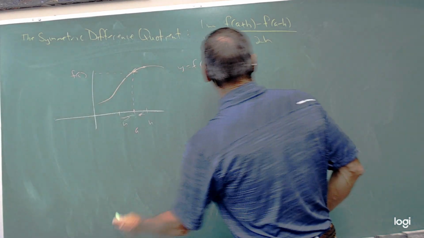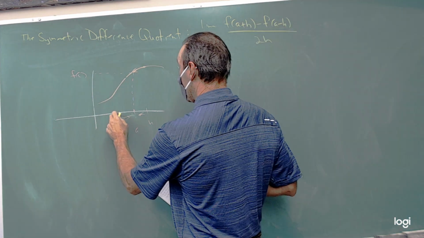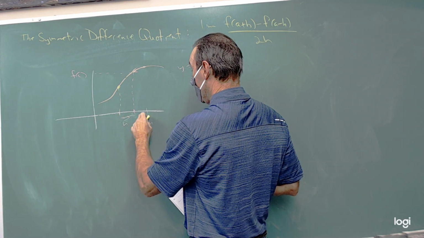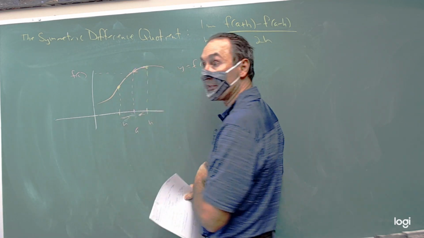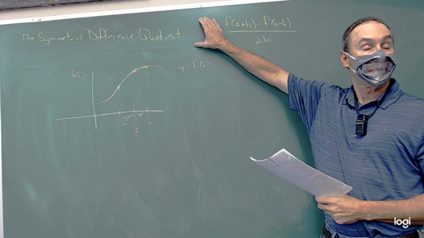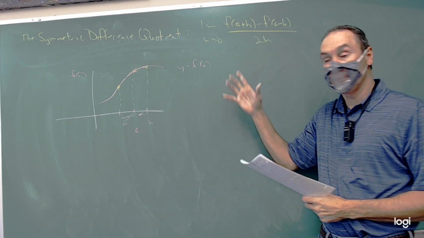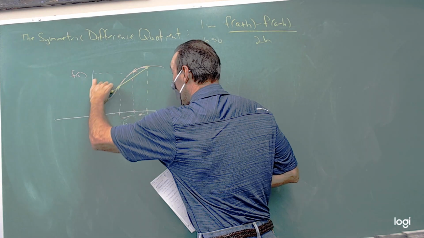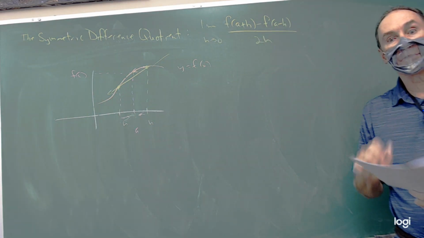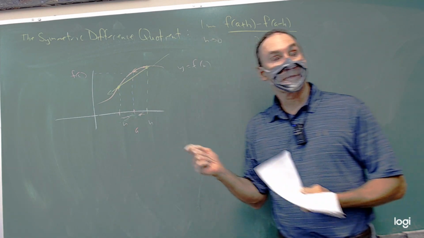So what we're trying to do with this symmetric difference quotient is do this at the same time. So we're starting with a point that's h to the left, and another point that's h to the right. And so what this symmetric difference quotient represents without the limit is the slope of the line on either side of that point, h on either side of the place where we're trying to find the slope of the tangent line.